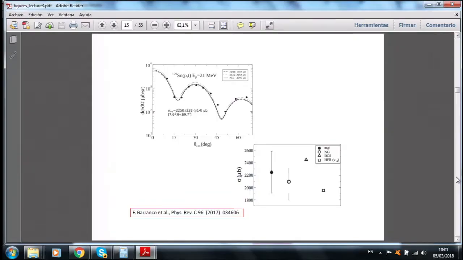Or you can only include the Argonne interaction. You say, well, I don't know anything about particle-vibration coupling, I put just the Argonne interaction, and you obtain something not far from the experiment, at least within the error bars. And when you perform the full NFT calculation, here for the nuclear field theory calculation, meaning you include the Argonne interaction and the particle-vibration coupling, you obtain something which is also in rather good agreement with data.